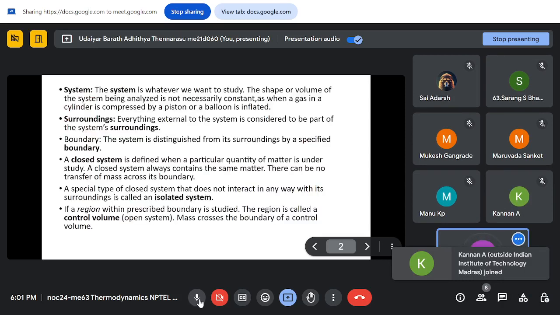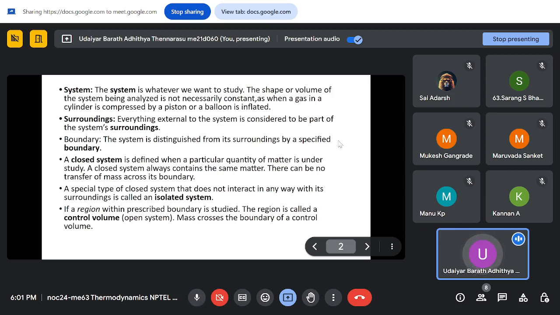Starting with studying the system, what does the system mean? The system is whatever we want to study. If you are staring at your laptop and you want to study it, then this is your system. That basically defines the point you want to study.